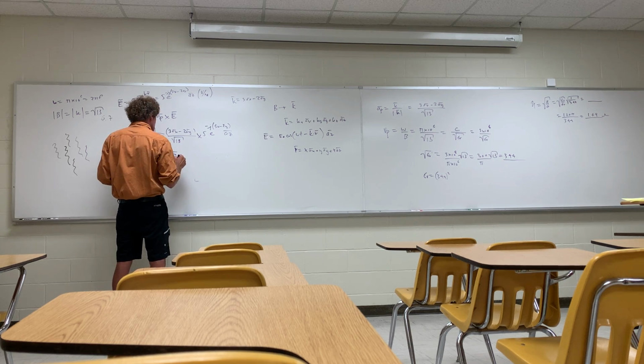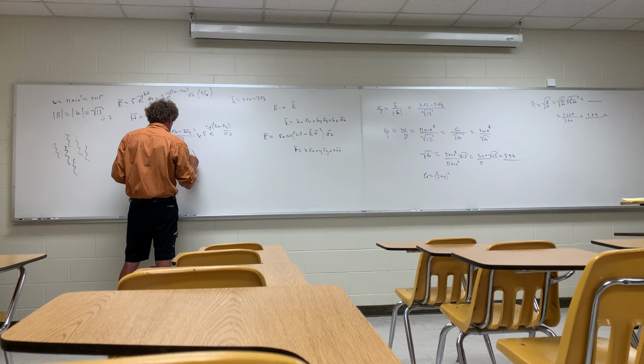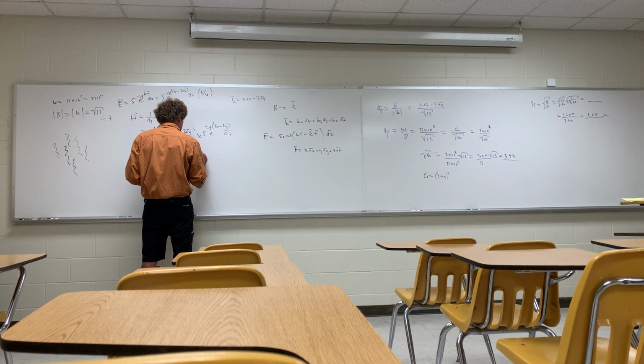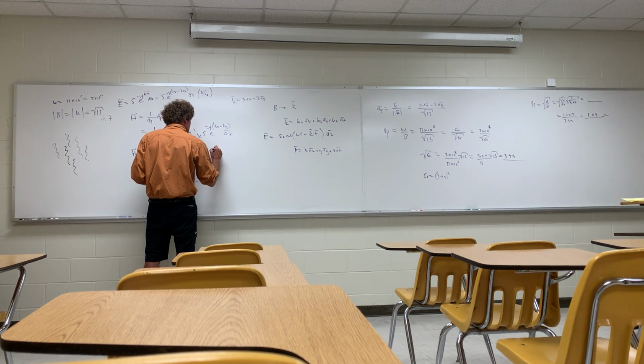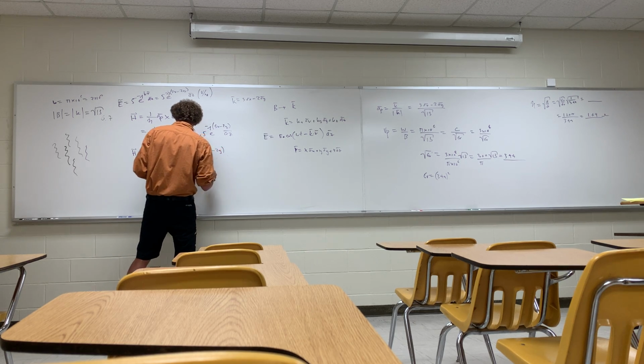You all agree with that? So it's going to be plus 2ax. And then you can put the e to the minus j, 3x minus 2y, right? And that is the H field.